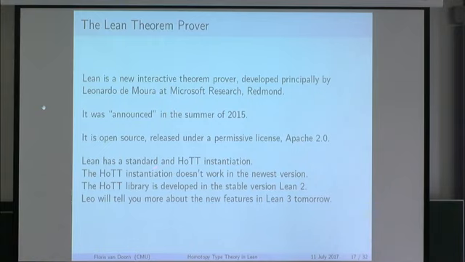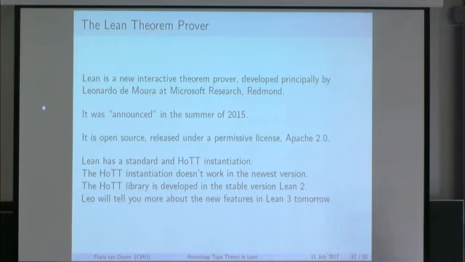It's open source, that's standard nowadays, but it's nice. Lean has a standard and a HoTT instantiation of the kernel. One remark is that the new version of Lean, which Leo will tell all about tomorrow, doesn't support homotopy type theory, at least yet.